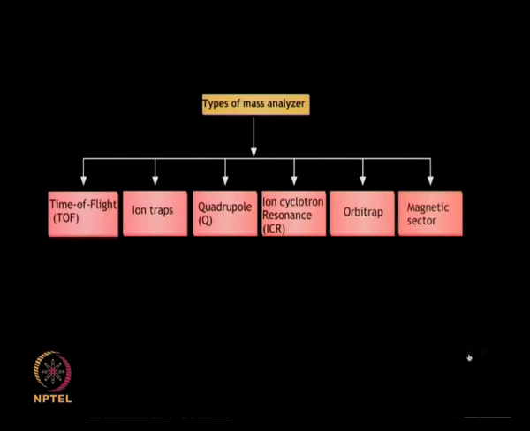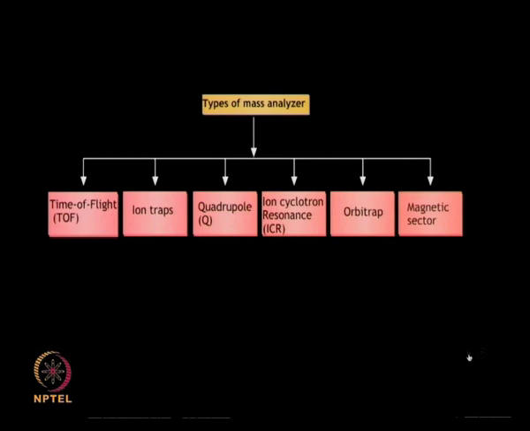The commonly used mass analyzers include time of flight, TOF, ion traps, quadrupole, ion cyclotron resonance, Orbitrap, magnetic sector, etc.